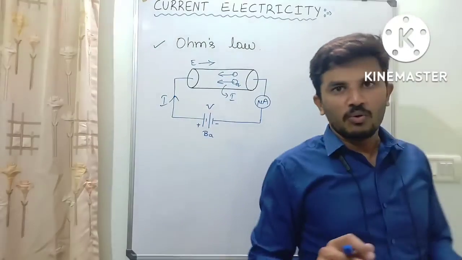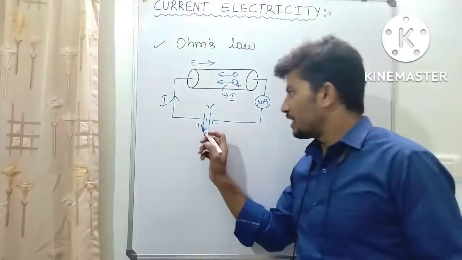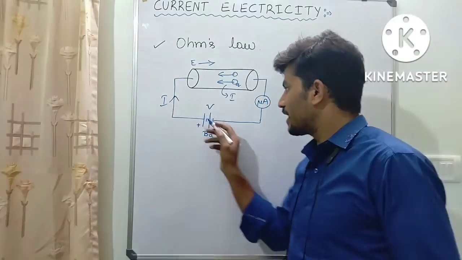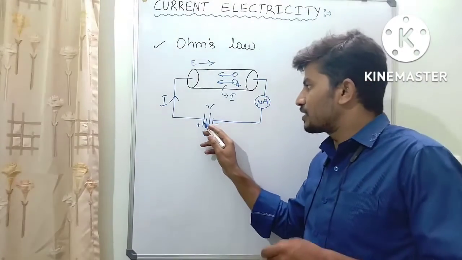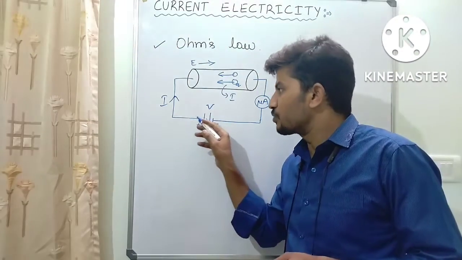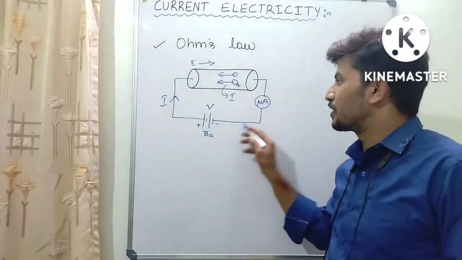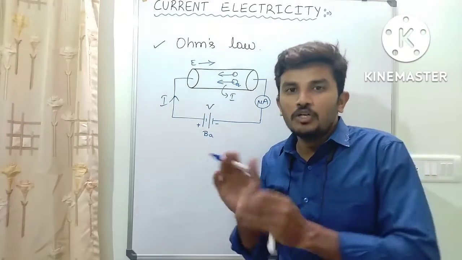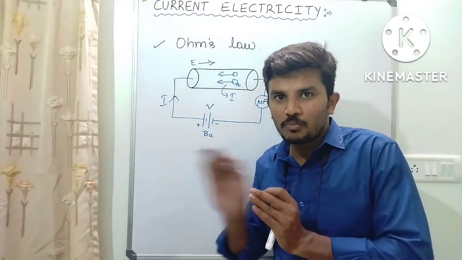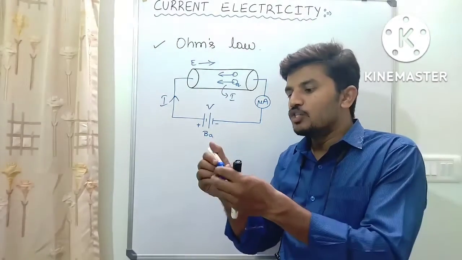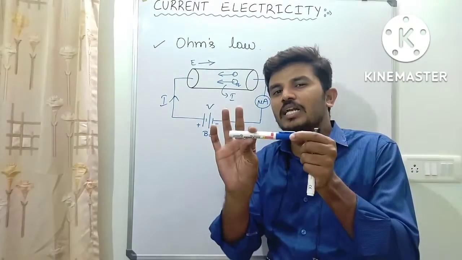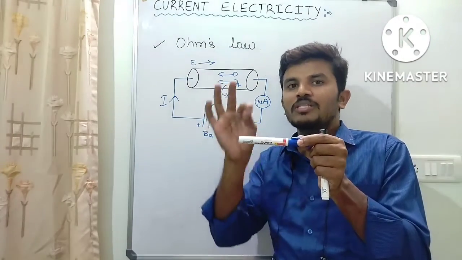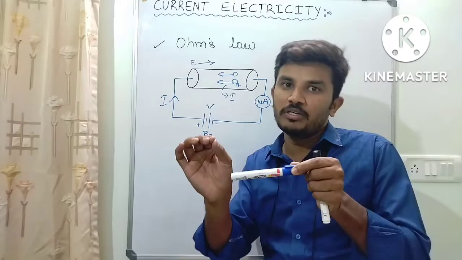Since the positive terminal is this side and the negative terminal is this side, positive charges move in this particular direction, from positive to negative. Actually, the movement of positive charges is an illusion. Positive charges will not move, especially in the material. If you consider this material consists of protons, neutrons and electrons, protons are positively charged.